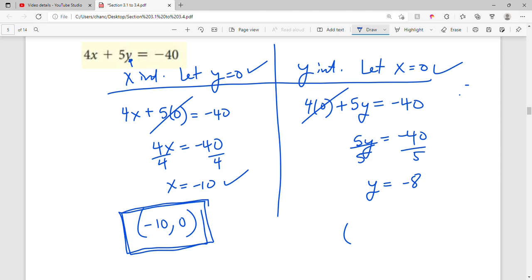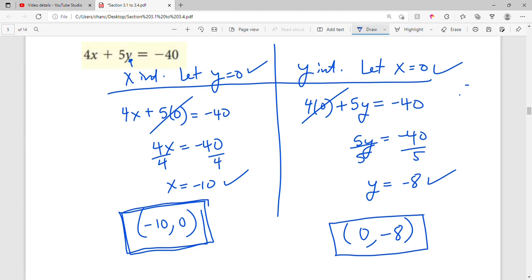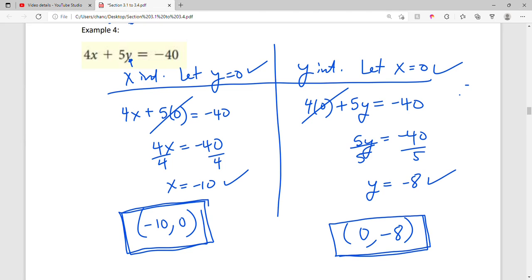Our first solution is 0 for the x-coordinate, and our second solution here is -8. So our ordered pair is 0, -8. Again, when you represent your answer, write it as an ordered pair: 0, -8 for the y-intercept, and -10, 0 for the x-intercept.